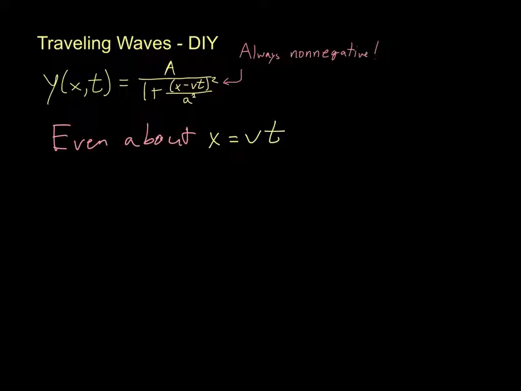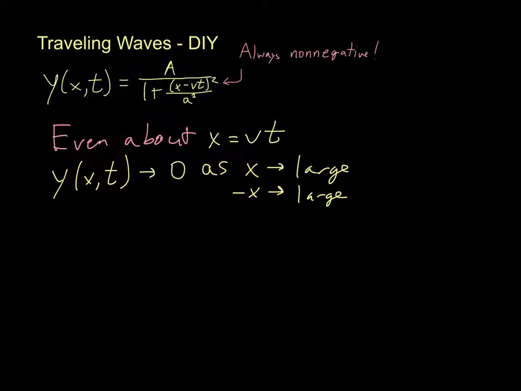Another thing that I notice is that as x minus vt gets bigger, so at larger and larger x, for instance, for a given time, the function y gets really, really small. It gets small at about the rate of 1 over x squared. Whereas when x is close to vt, when that argument is very small near 0, then the function y is very close to a, because the denominator is very close to 1.